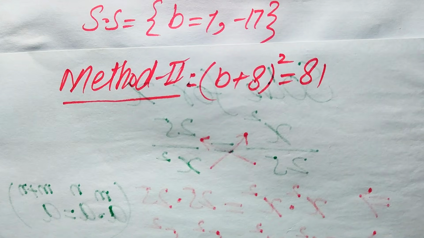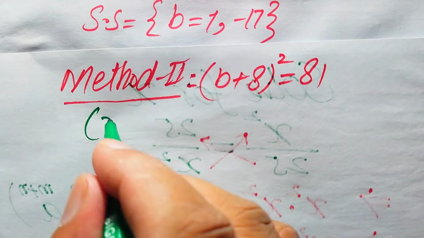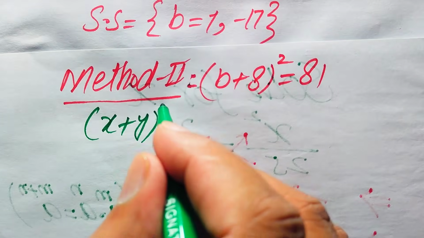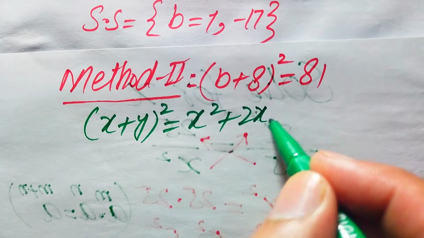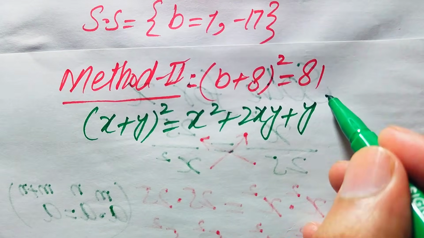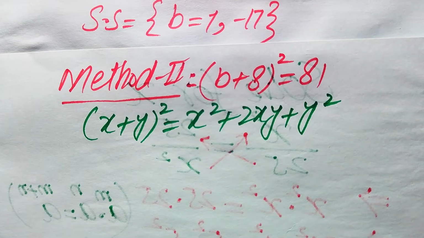So here we use this other nice algebraic formula, and you know that if we have x plus y whole square is equal to x square plus 2 times xy plus y square.